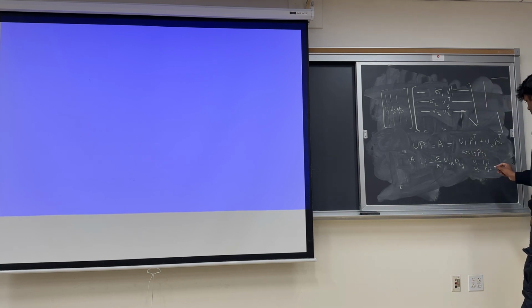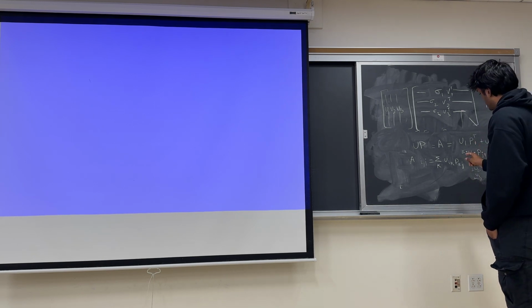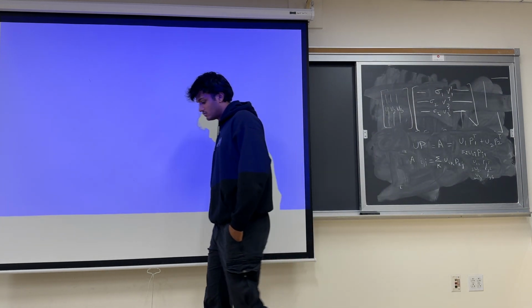This becomes U_i1 P_1j, U_i2 P_2j, U_i3 P_3j, adding these. How does that become this? Something is not correct here.